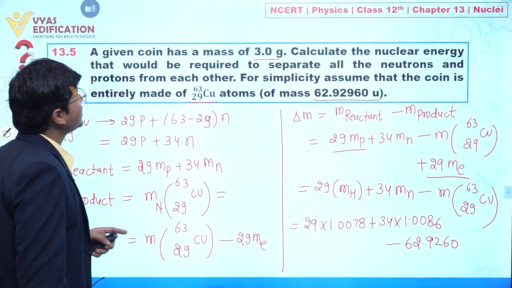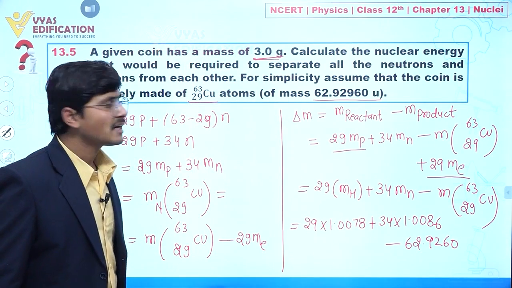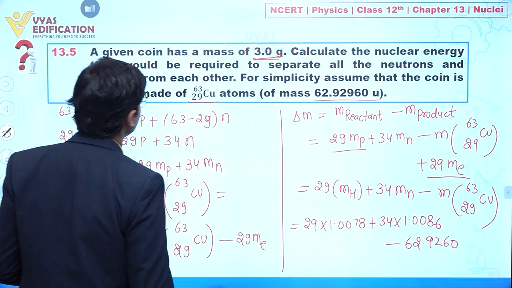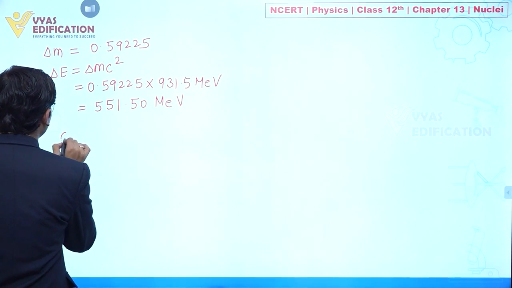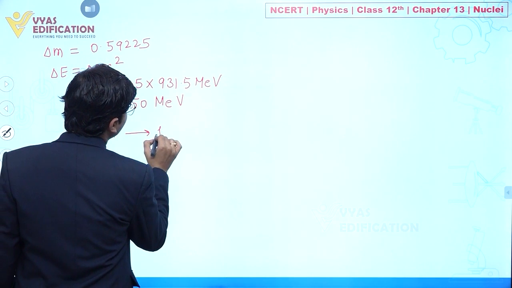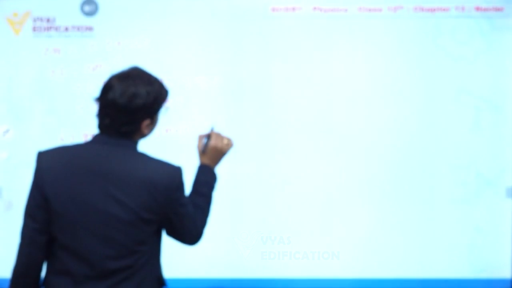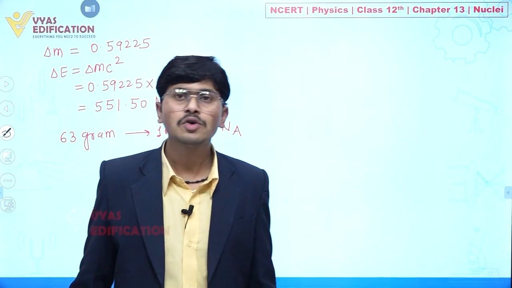But actually it is given that a coin is having a mass of 3 gram. So directly you can see that a coin having a mass of 63 gram means I am talking about 1 mole. 1 mole means the total number of atoms present is equal to the Avogadro number.